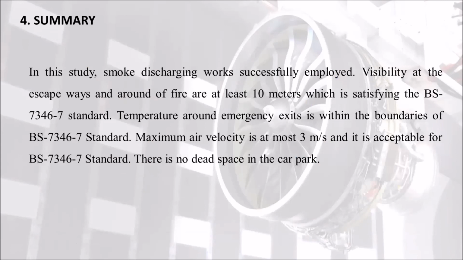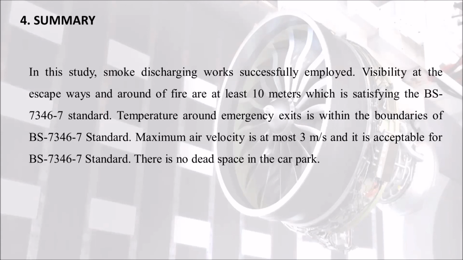Dear listener, in our last slide, we can summarize that in our special case, smoke discharging is employed successfully, and visibility at the escape points is at least 10 meters, which satisfies the international standard.